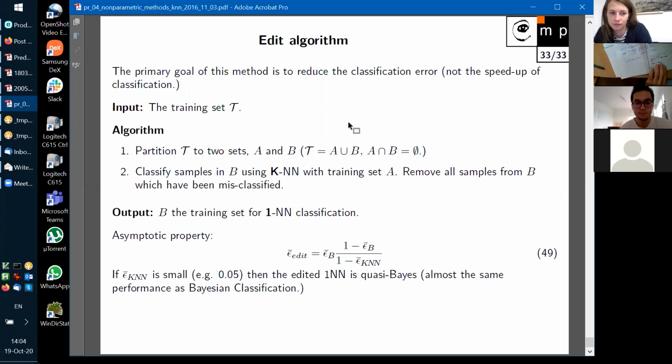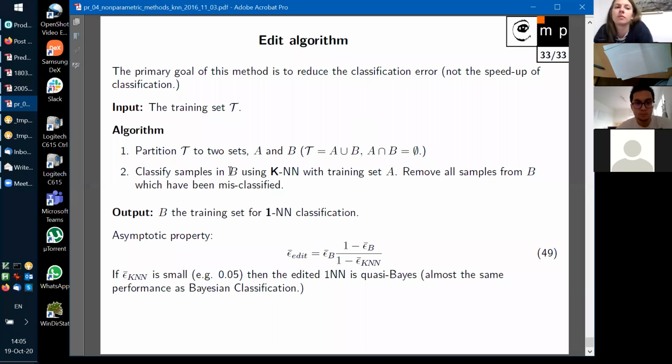So the edit algorithm can fix this problem that the error of the nearest neighbor is not converging, even for large training sets, to the error of the Bayes classifier. And the edit proceeds like this. We take the training set and split it into two subsets, say equally sized, they are disjoint.